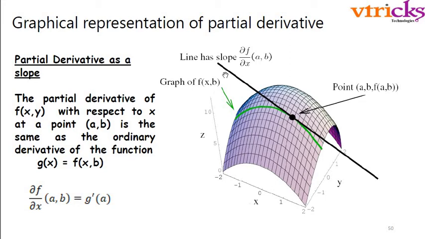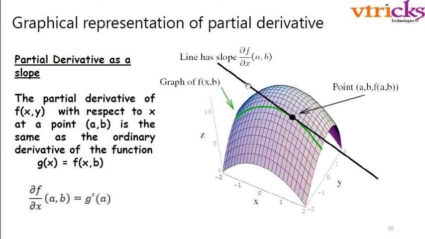So it has been reduced to our case of a function of a single variable. Now if you come to the point (a, b), the derivative of g(x), or the partial derivative of f at (a, b), is nothing but g'(a), the derivative of g(x) at x equal to a. So the partial derivative is just like your ordinary derivative with one variable fixed.